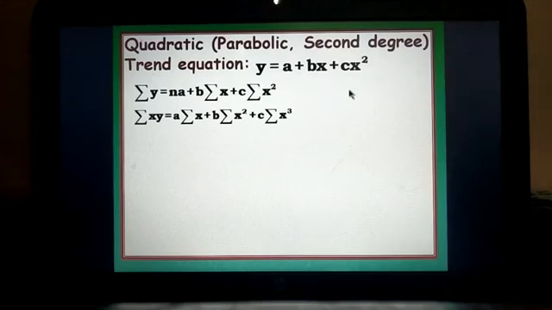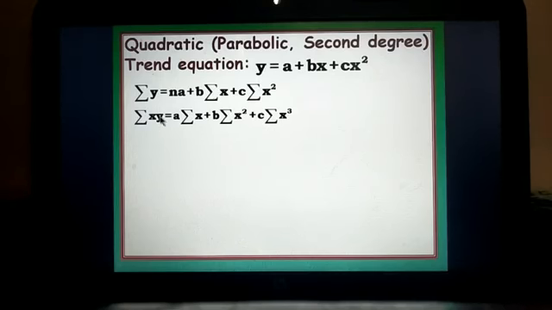And the second normal equation: apply to the same equation. Look at the cursor. To the same equation, summation of x is to be applied now. When you apply summation of x, summation of x, y is already there.